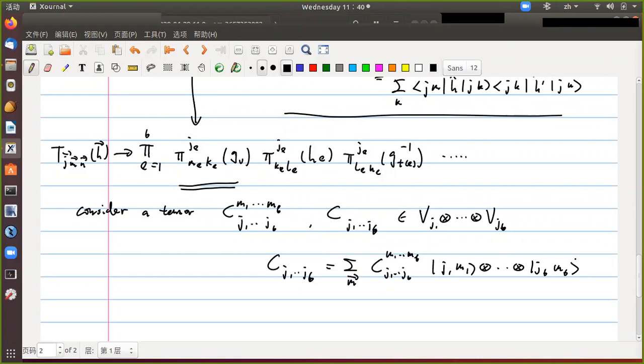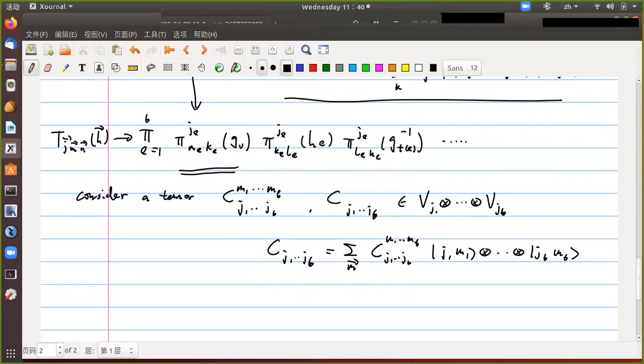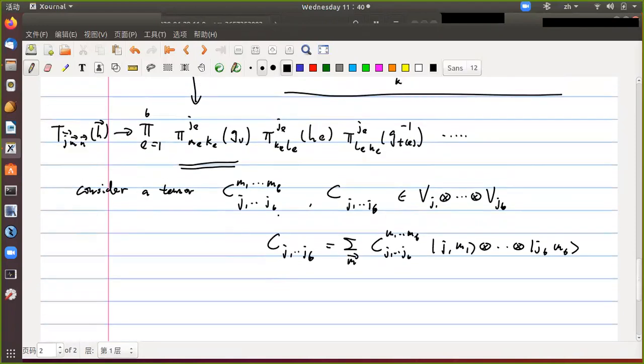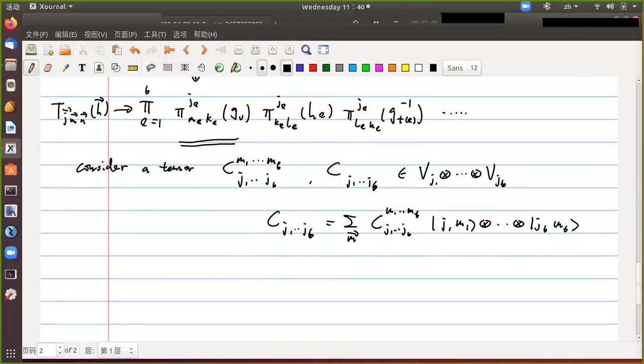So this is a tensor which couples 6 angular momenta. You should be familiar with that either from quantum mechanics or your previous experience with tensors. At this moment, this is just an arbitrary tensor, the coefficient C is arbitrary.